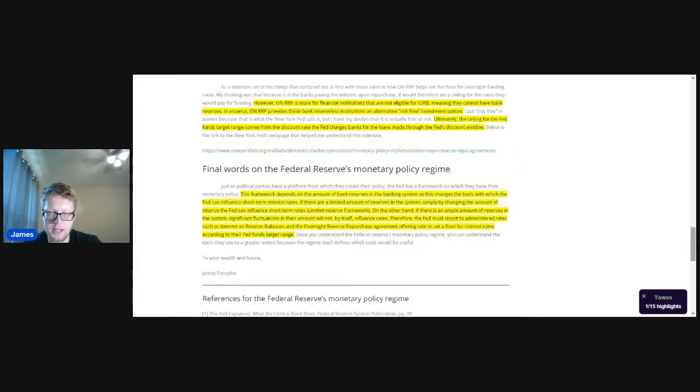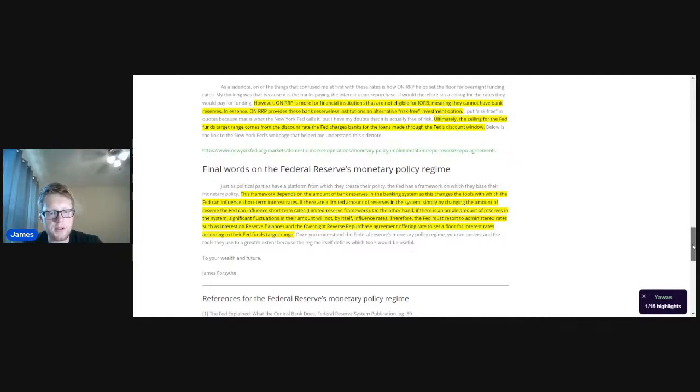And all of this is just to keep interest rates within the Fed funds target range. And again, this is a target range, so interest rates can fluctuate between there and everything else. This is not like, you can only pay 25 basis points. This is the target for the bottom of the range, right?